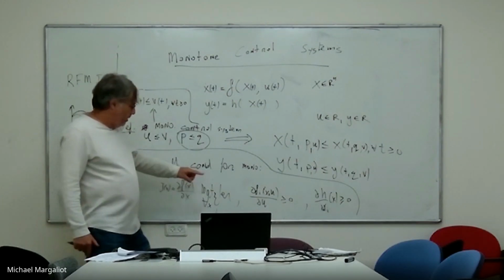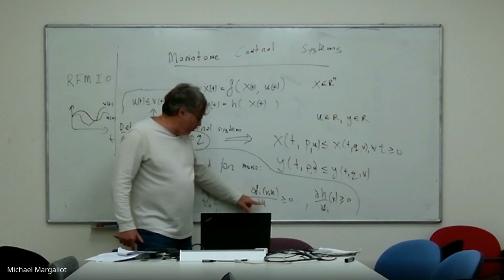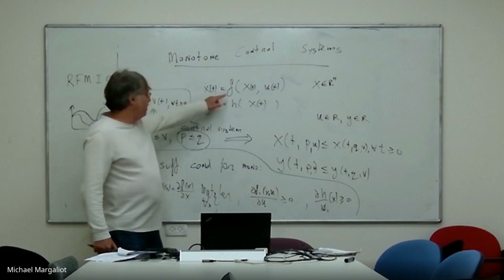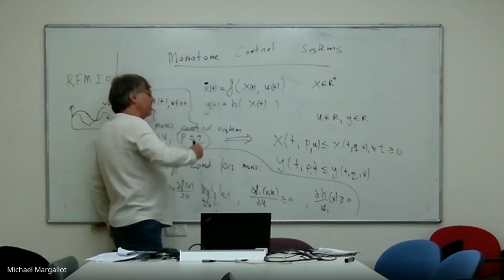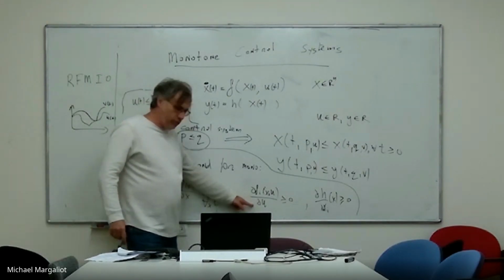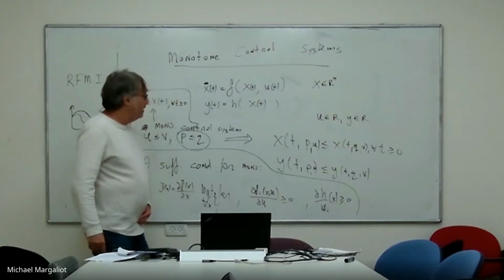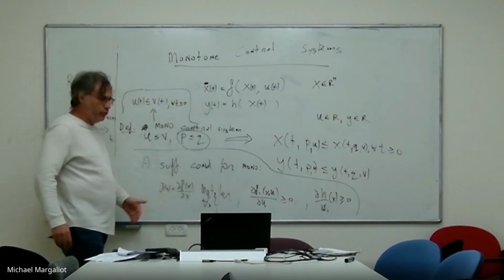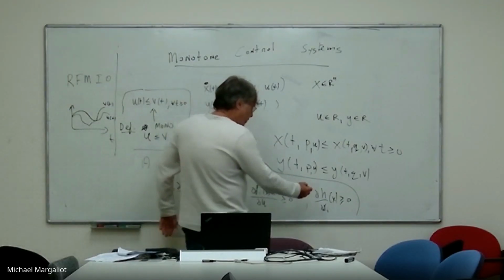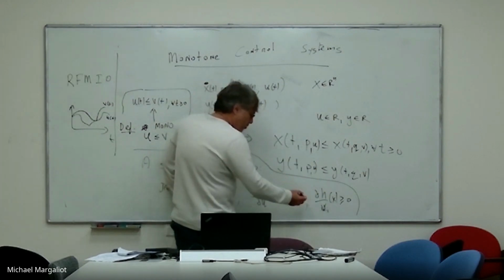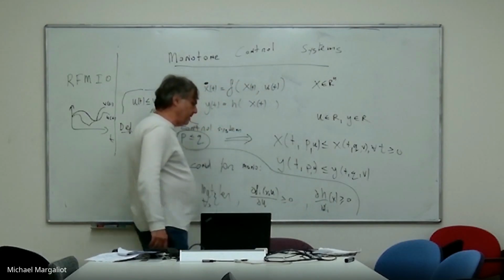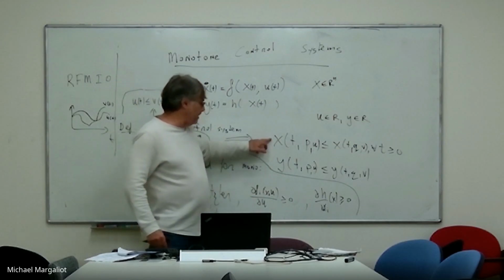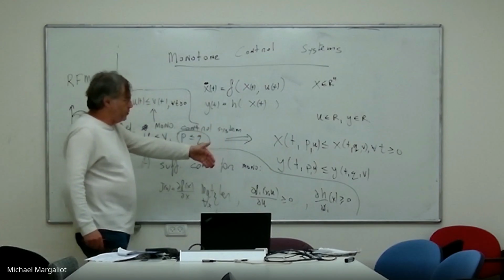You also need now df_i to du to be non-negative, because when you increase u, you somehow expect x dot to increase. This represents the fact that when you increase u, x_i dot will increase. This is needed because now you need also monotonicity with respect to increasing the control. And finally, you need the output function h to be increasing in x_i, because if you increased x, these two guarantee that you increased x, but you also want to make sure that you increased y.